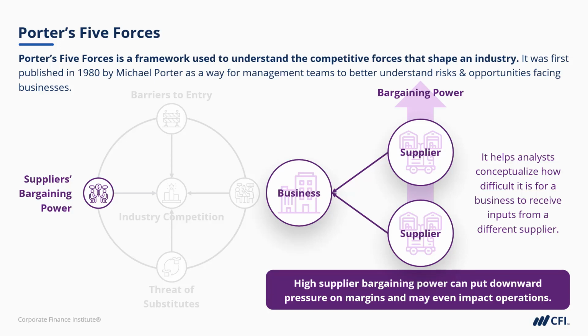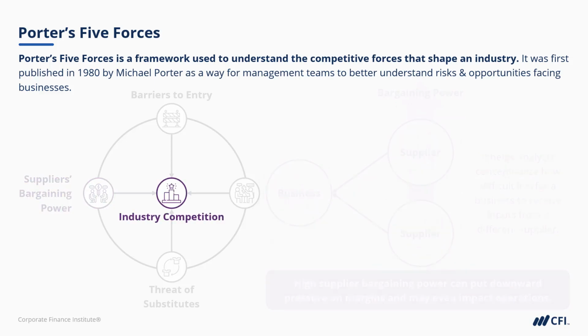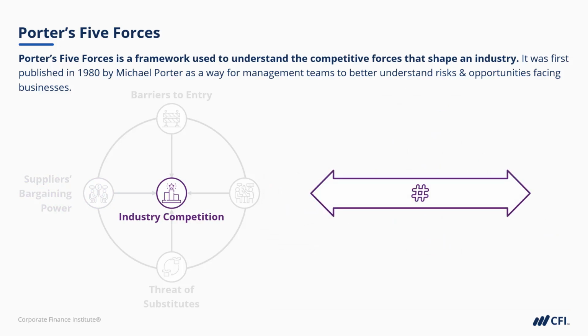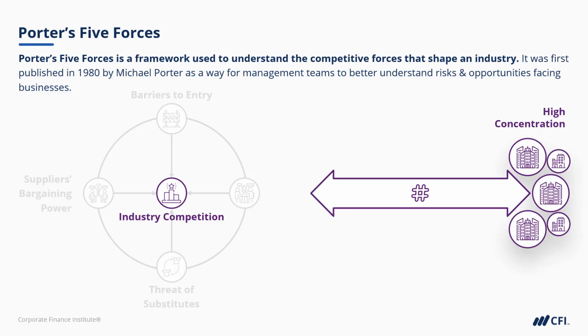And finally, rivalry and competition in the industry represents the number of other players and the level of concentration. Think about it this way. In a highly concentrated industry, meaning that there are fewer players, but they're quite large, it's good to be one of those large players, since that firm should have lots of economies of scale and fewer competitors to contend with.